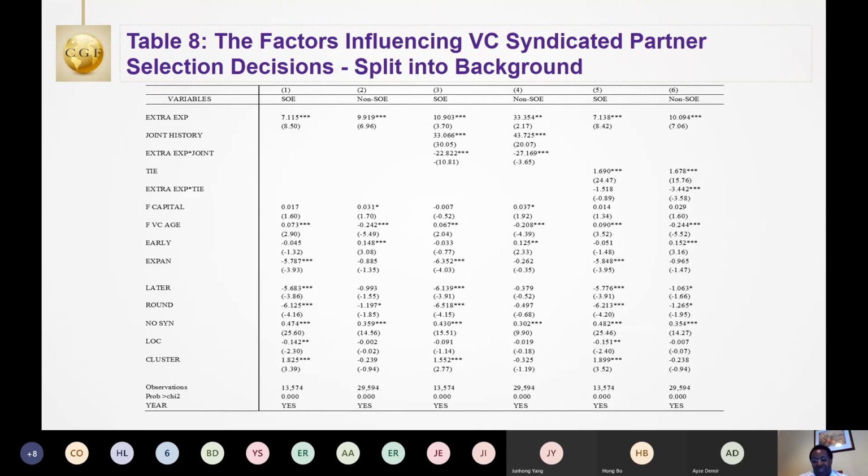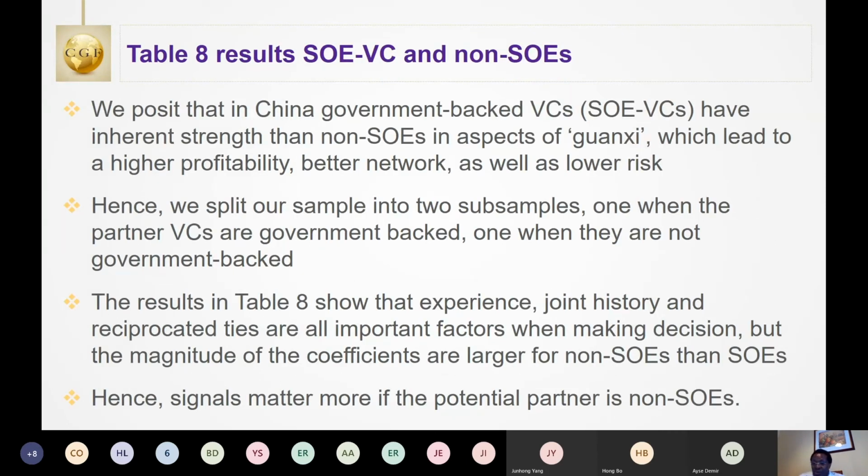And that's an interesting result, which is possibly different from what would be expected, that the state-owned enterprise VC would be much more important. Okay, so let me conclude after this long paper.